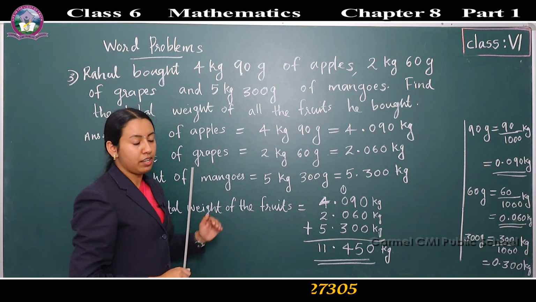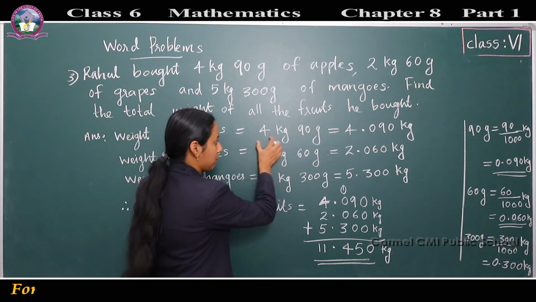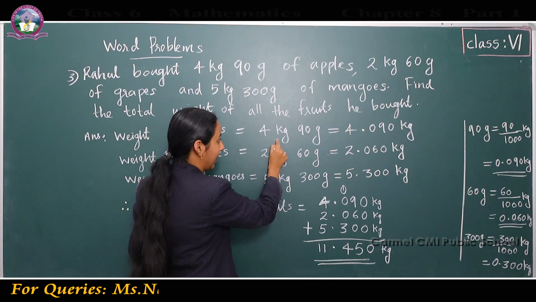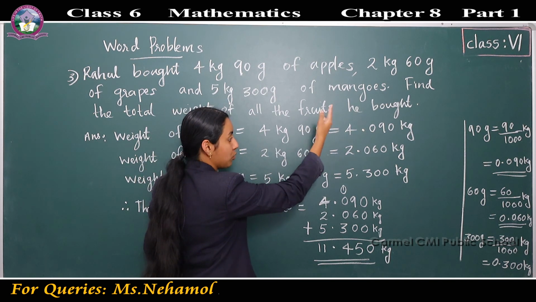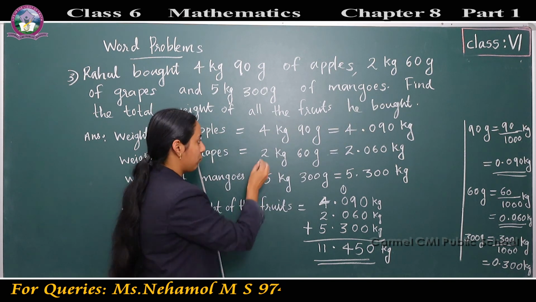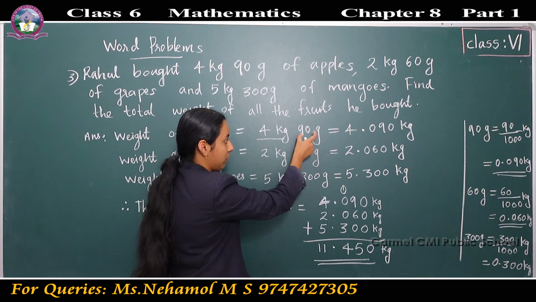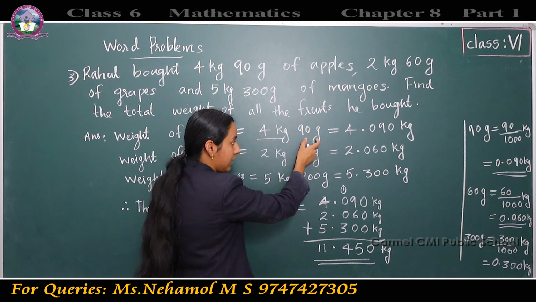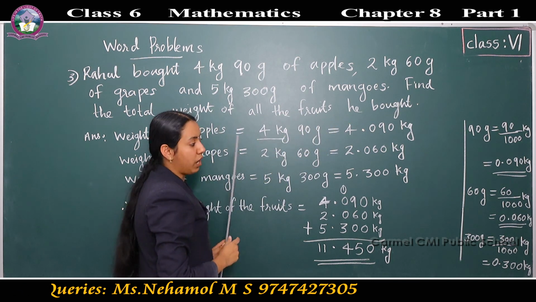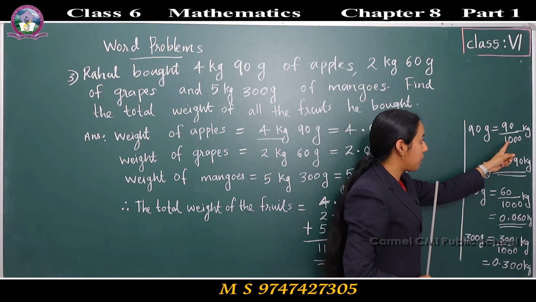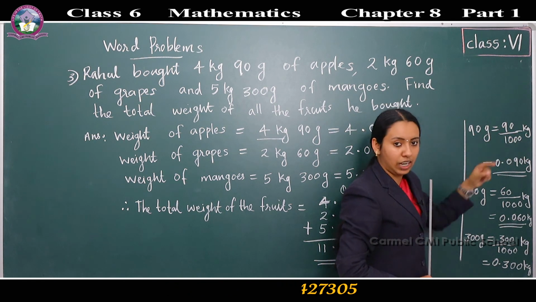In this question, we have to convert this full to kilogram. That means 4 kilogram, 90 gram to kilogram. 4 kilogram, no need to change this one. We have to convert 90 gram to kilogram. 90 gram is equal to 90 by 1000 kilogram.